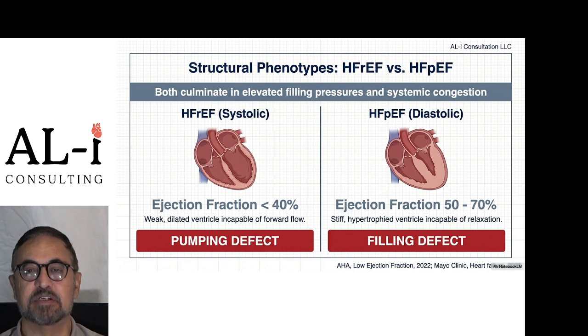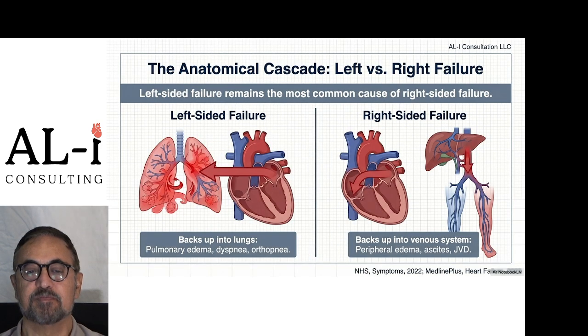Heart failure preserved ejection fraction, the EF is 50 to 70%. This is more like a systemic disease. There's a stiff hypertrophic ventricle with difficulty relaxation. This is often associated with obesity, and the systemic derangements noted in this. There's also heart failure mid-range ejection fraction where EF is around the 45 to 50% range.